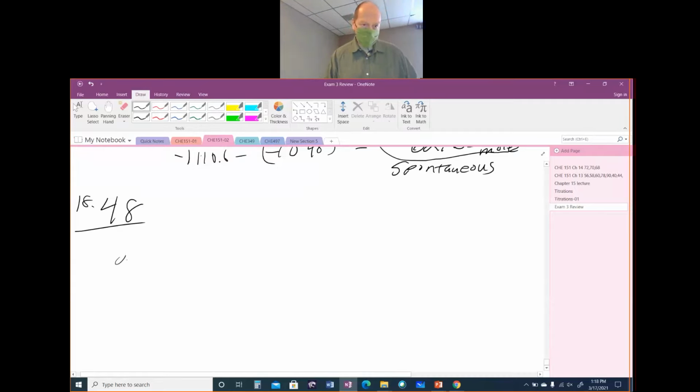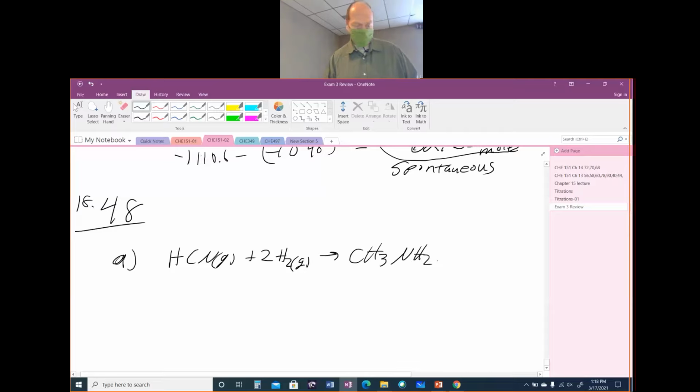So we have part A, HCN gas plus 2H2 gas going to CH3NH2 gas, and the delta G is negative 92 kilojoules. All right, and so we know that this is spontaneous. Negative 92, spontaneous.